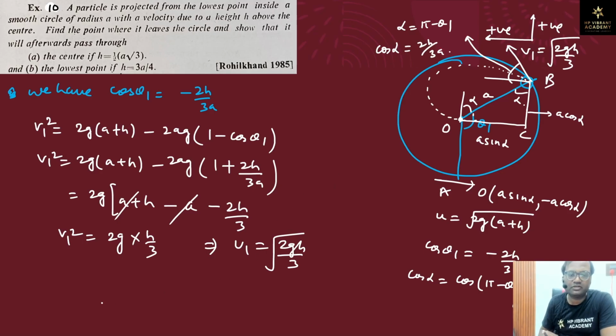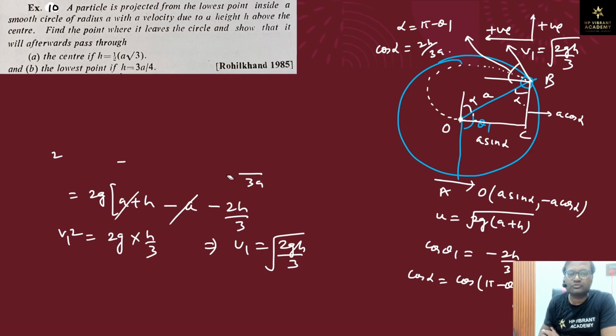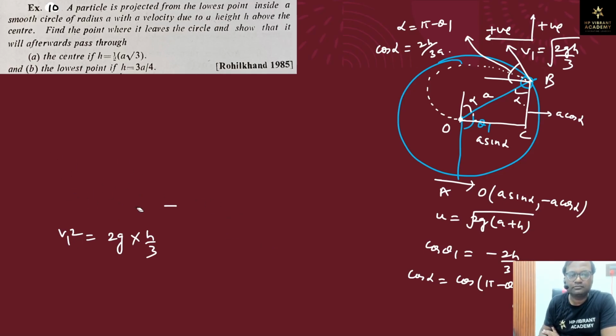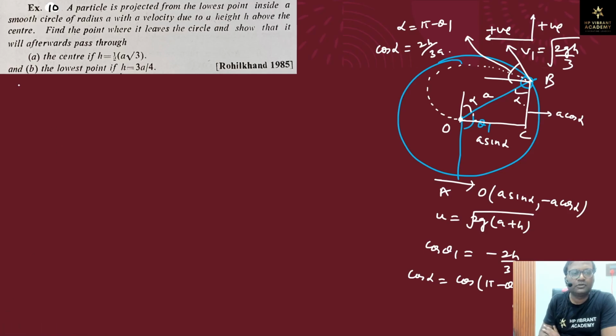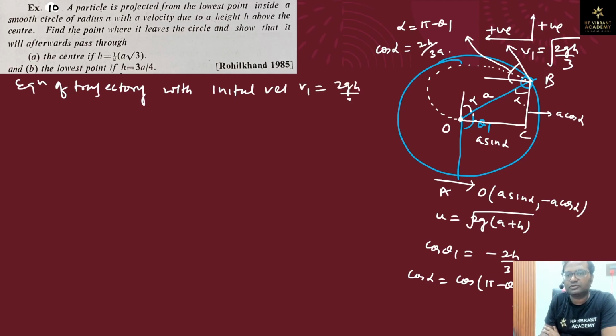So let us write down the equation of trajectory. Using the equation of trajectory, we can solve these two parts of this question. Equation of trajectory with initial velocity v1 equal to root under 2gh upon 3 and alpha equal to cos inverse of 2h upon 3a.